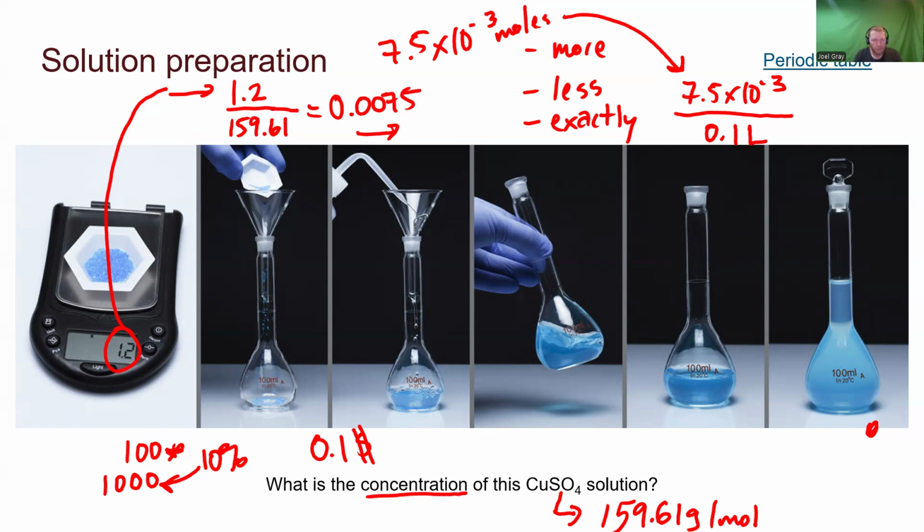Another thing you could do is 100 divided by 1,000, and you'd end up with 0.1. So then we'd take 7.5 times 10 to the negative third divided by 0.1, and what we would get is 0.075. Perfect. Well done, DDA. Okay.